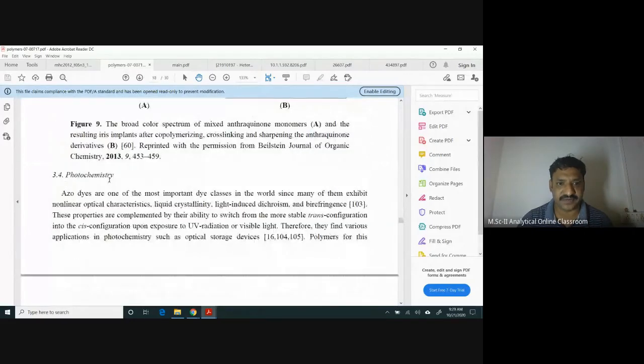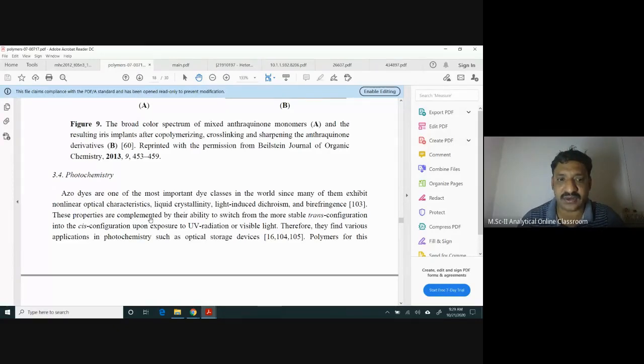Then in photochemistry, when you read that azo dyes are one of the most important dye classes in the world since many of them exhibit non-linear optical characteristics, liquid crystallinity, light induced dichromism and birefringence. So this is important for azo dyes, and you just write this one.